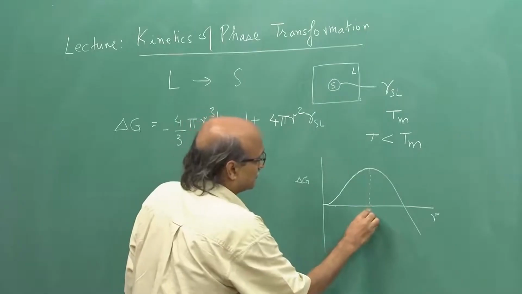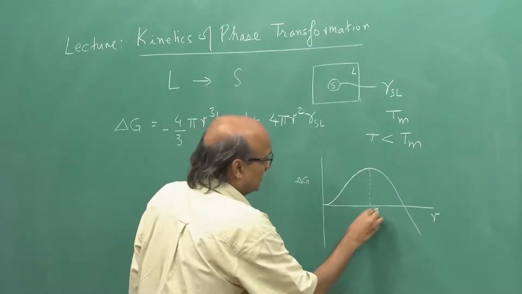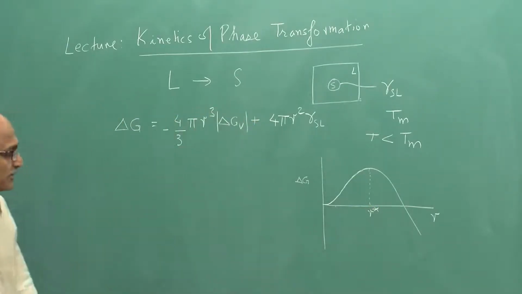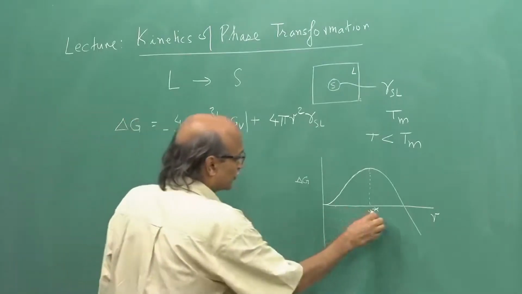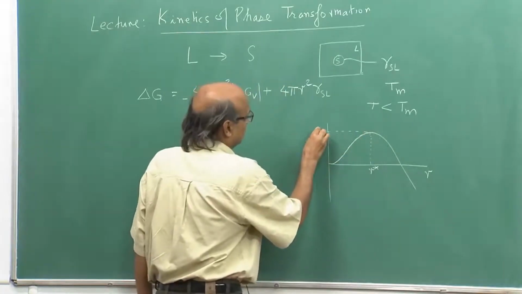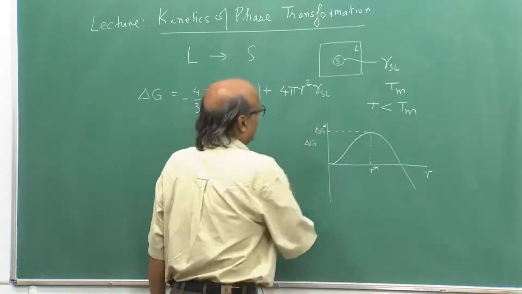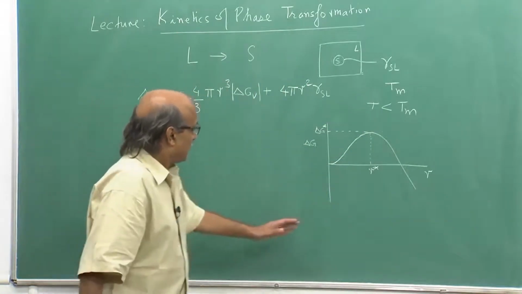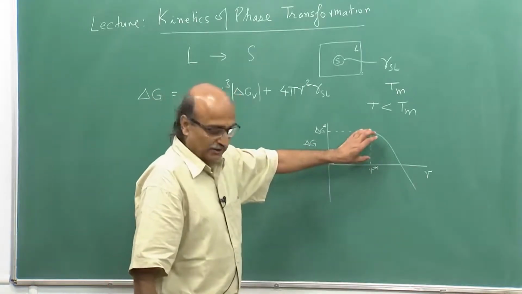which is characterized by a value r star, indicating that this is the critical size nucleus, and corresponding to this critical size is delta G star, which is the size of the energy hill.